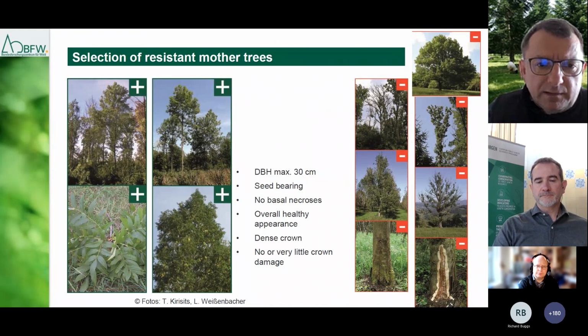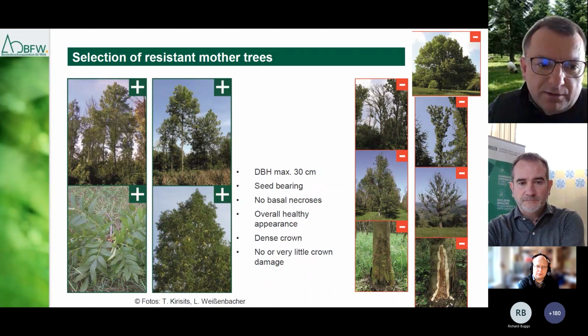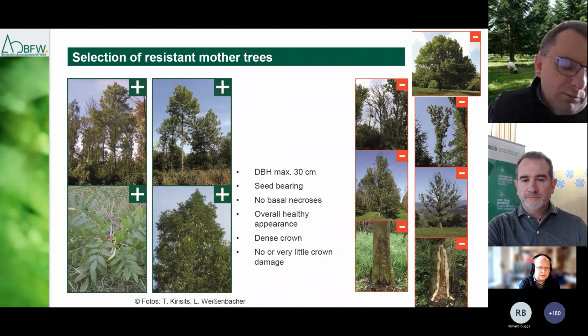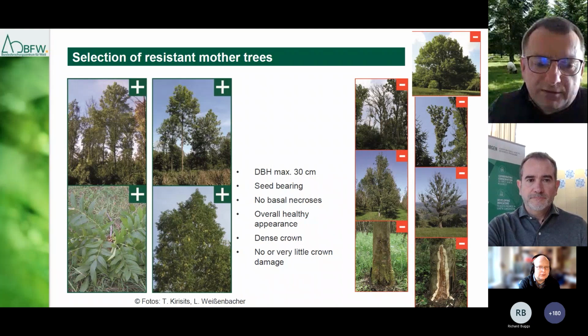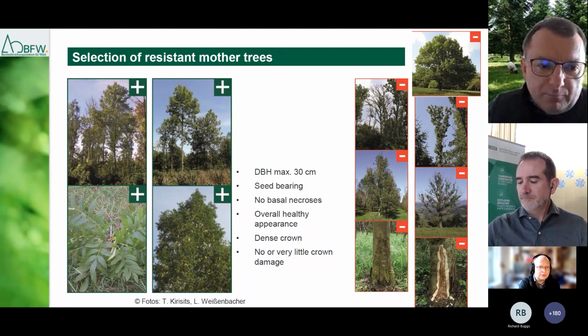How did we select the mother trees? Of course, we were looking for trees with a healthy crown, with no or very little disease incidence in comparison to the rest of the stand. We were only looking for trees in the forest.